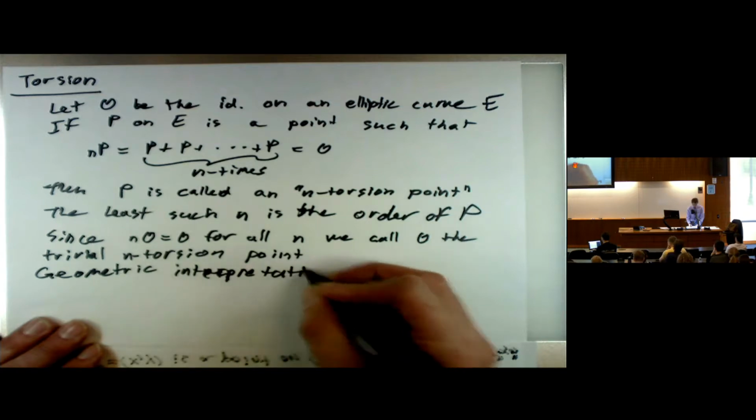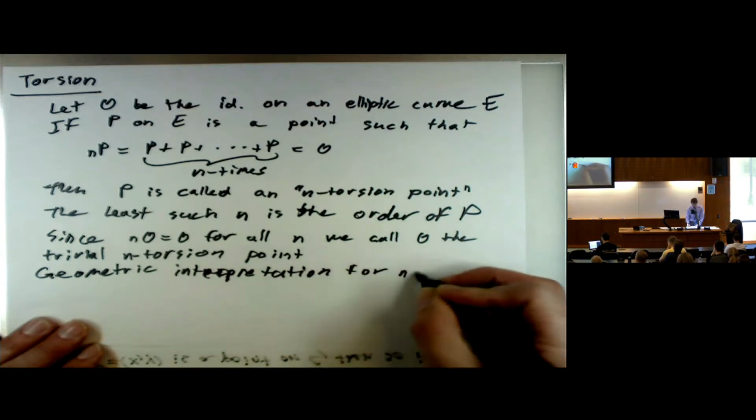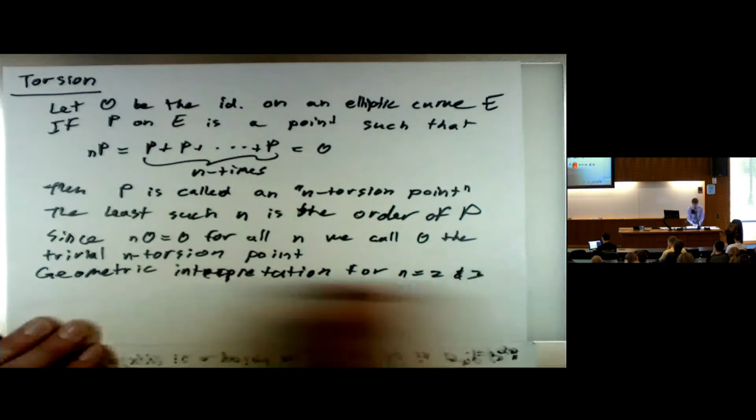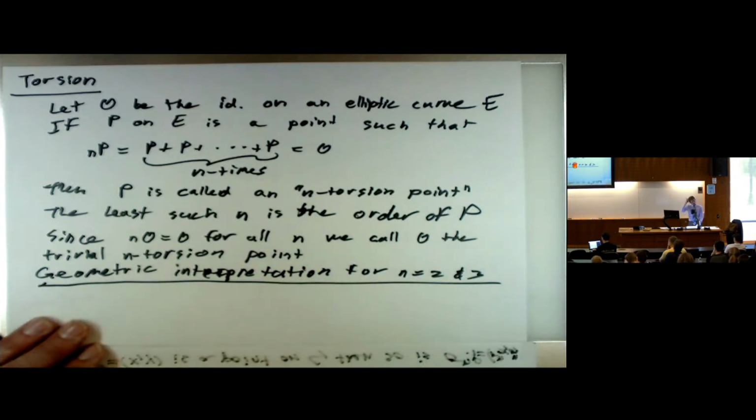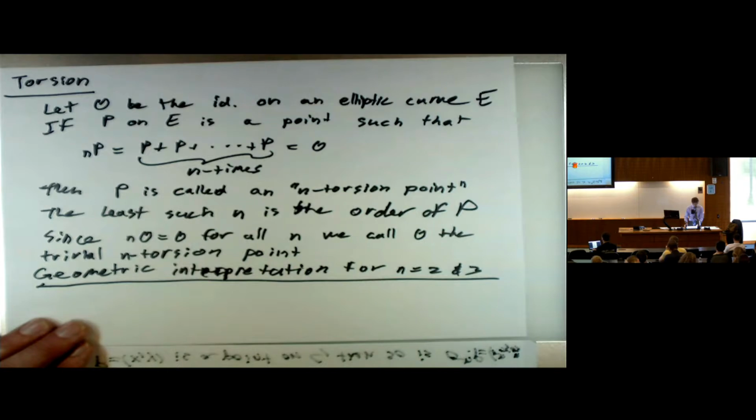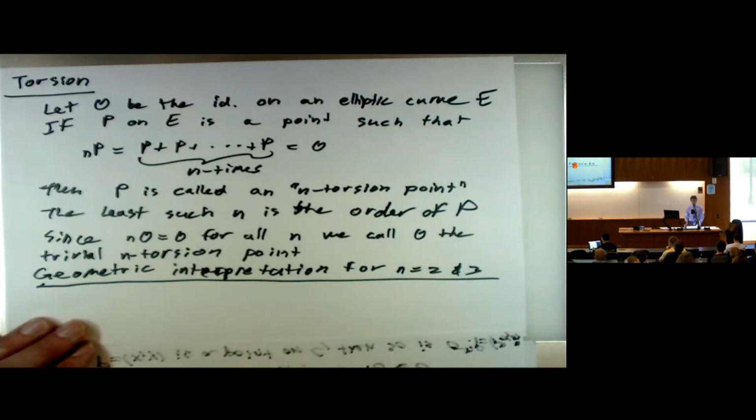So let's look at some special cases. Geometric interpretation for n equals 2 and 3. For arbitrary n, of course, it would be tough to come up with a geometric interpretation. But there's a very nice geometric interpretation of torsion for n equals 2 and 3. 2 torsion corresponds to basically points that have vertical tangent lines, if you have something in Weierstrass form anyway.